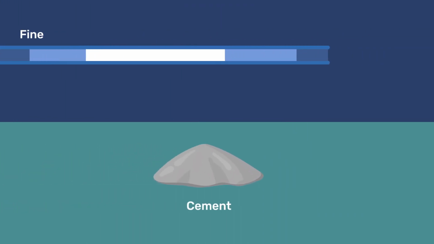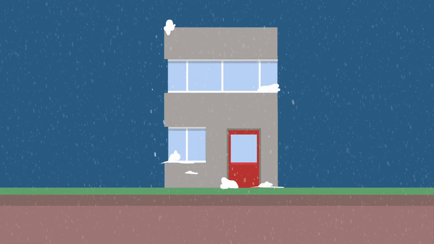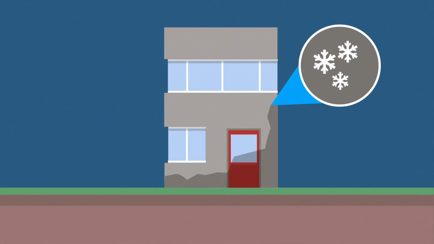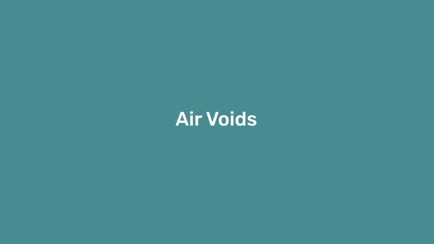For cementitious materials, many of the pores are smaller than 100 nanometers in diameter, so they offer high resistance to flow. Therefore, an effective strategy to make such materials resistant to freeze-thaw cycles is to artificially entrain air voids when preparing them.